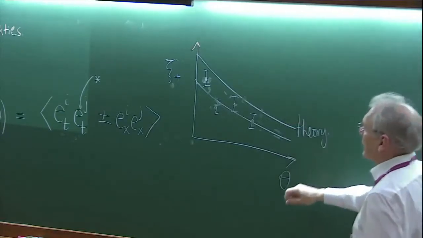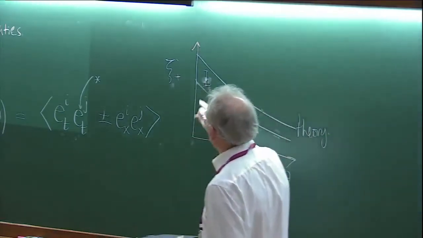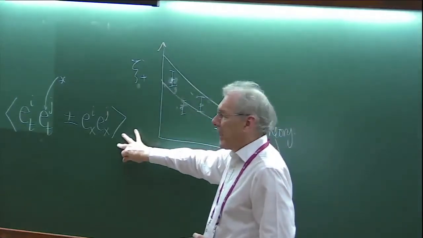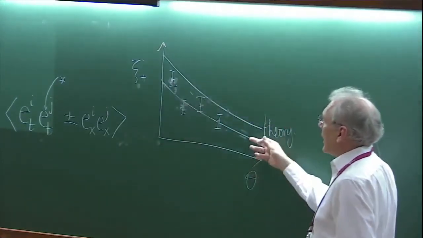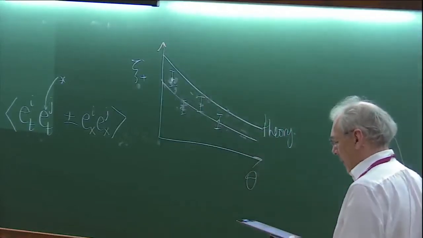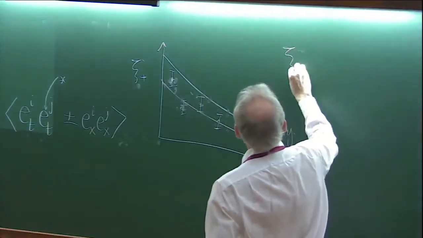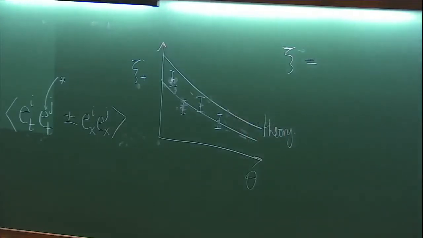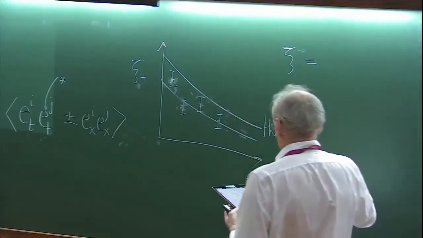But let's proceed. What we need is the theory. We can do this calculation from the data, get these points, but we also need the theory. I'm just going to give you the result for this. I'll do a similar calculation for the CMB later, which is a little bit simpler.